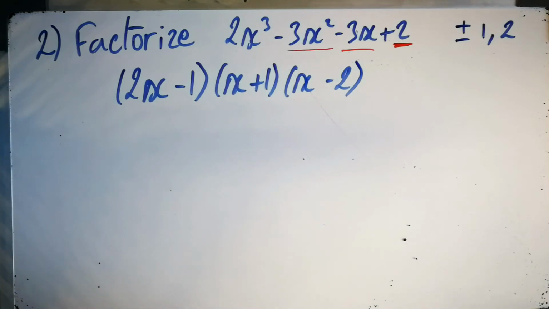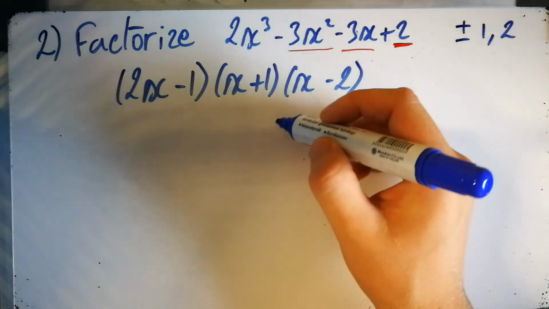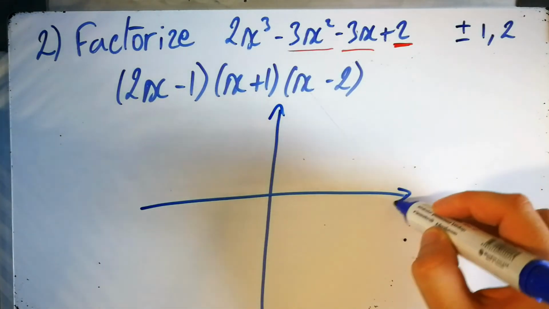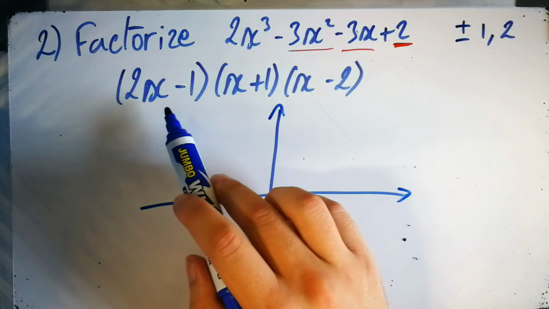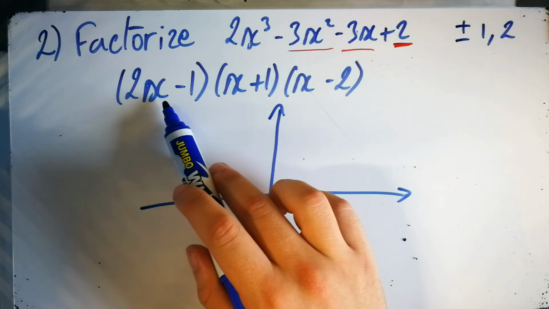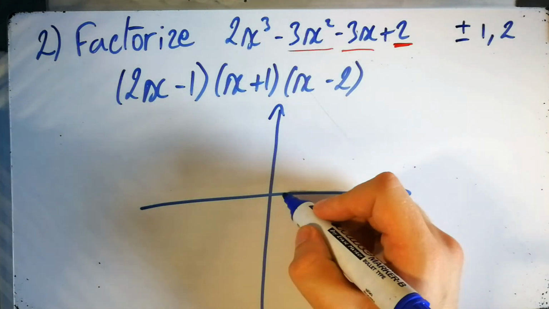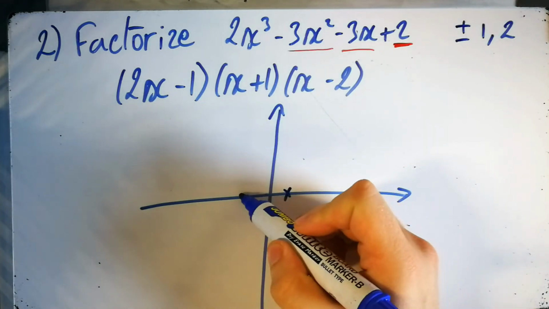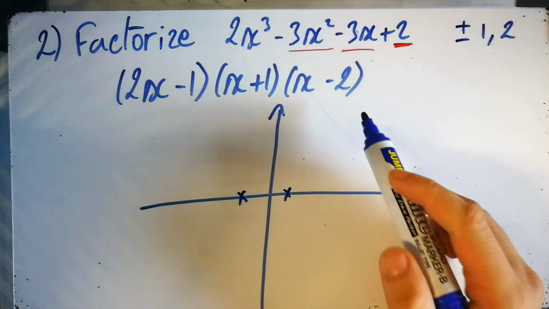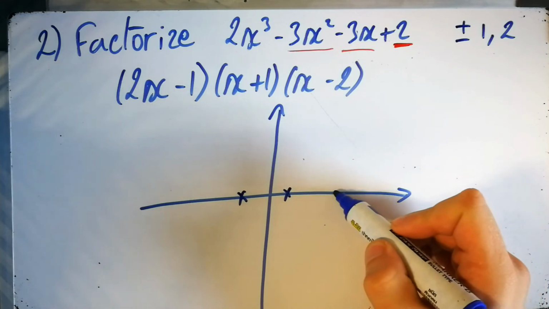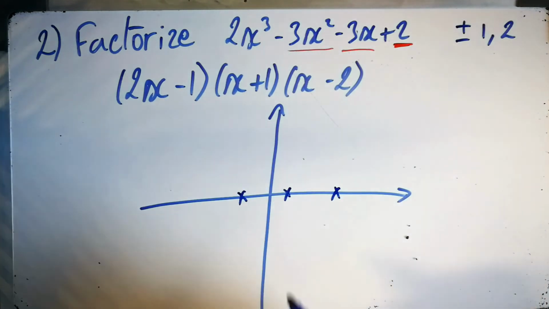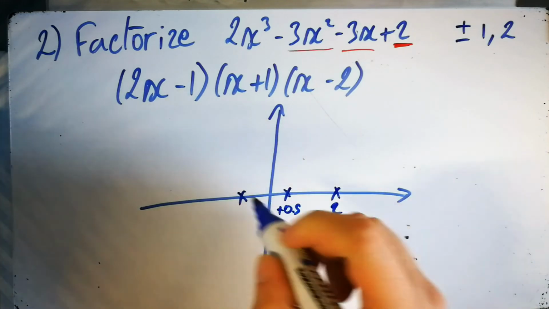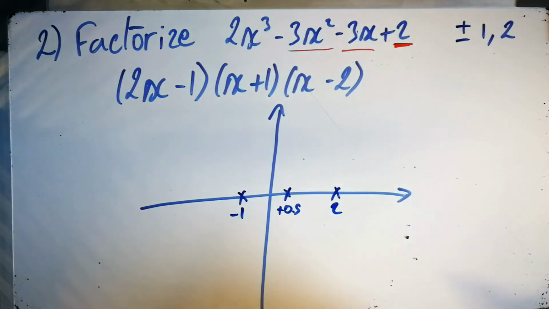The next step is to graph this cubic. Same as before, I'm going to look at the roots. So here I have the root 1 over 2, so that's going to be about here. Here I have the root minus 1, we're going to put it here, and then I have the root equal to 2, so that's going to be here. Okay, so minus 1, 0.5, and 2.